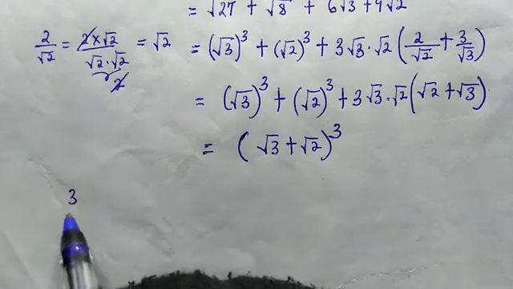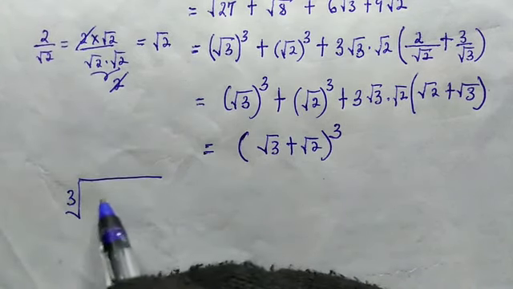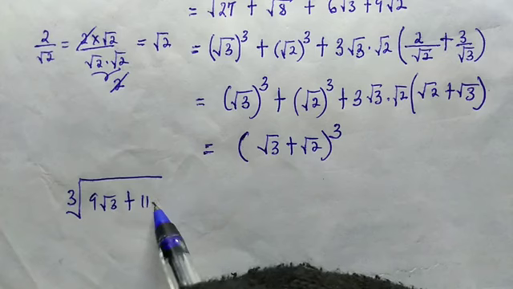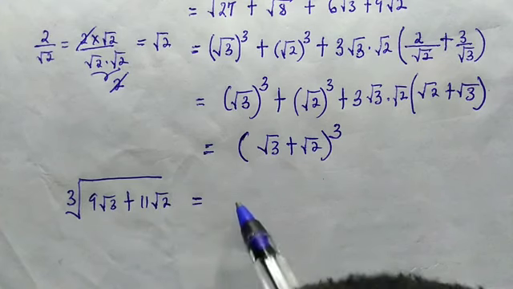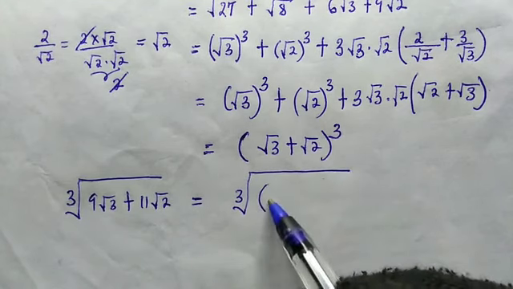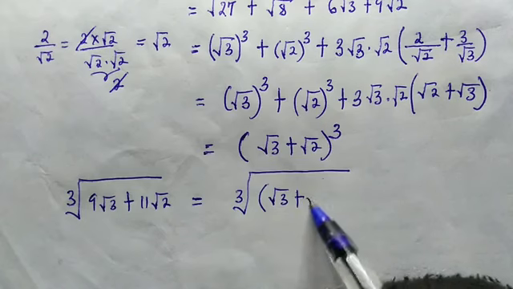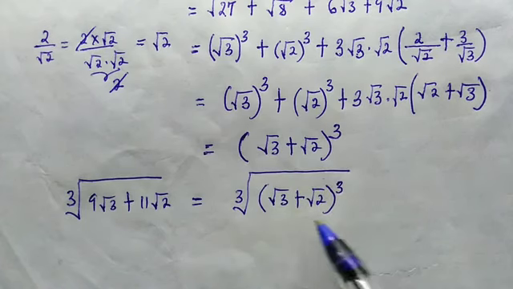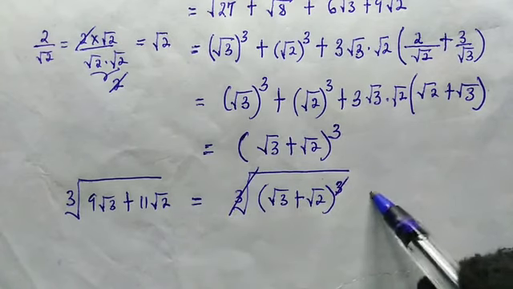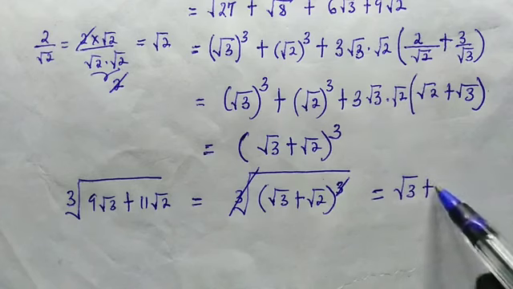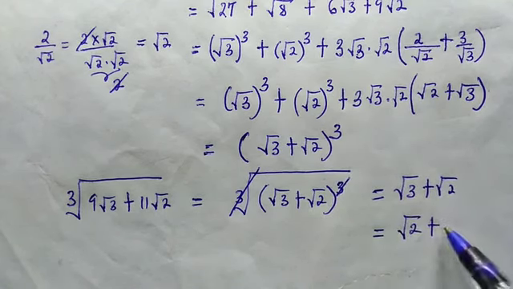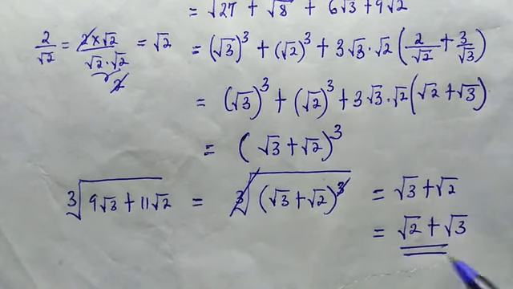We have to denest the cube root of 9 root 3 plus 11 root 2, which is actually the same as the cube root of root 3 plus root 2 to the power of 3. We all know that the cube and the cube root cancel out, and here we have root 3 plus root 2. We write it as root 2 plus root 3. And this is the right answer.